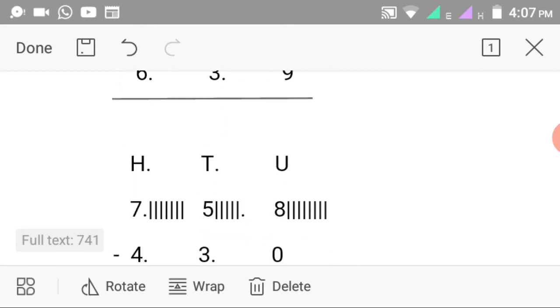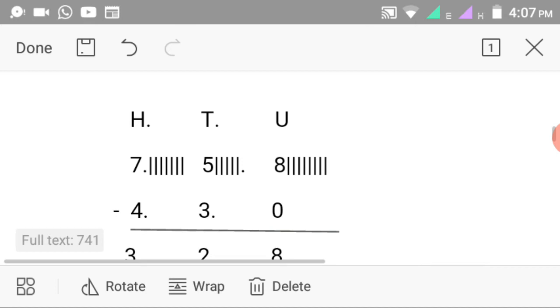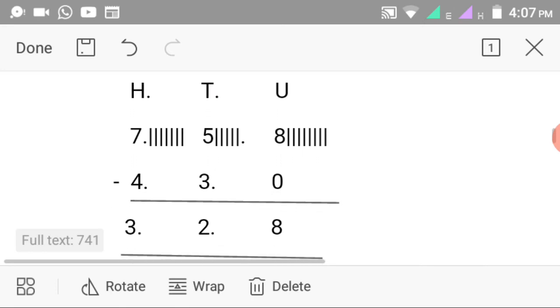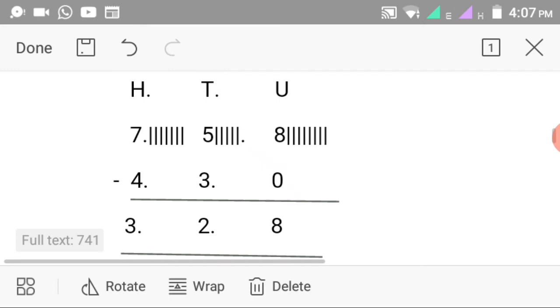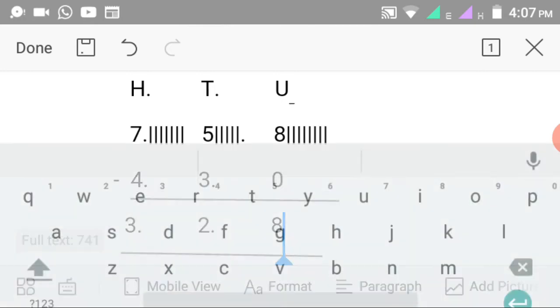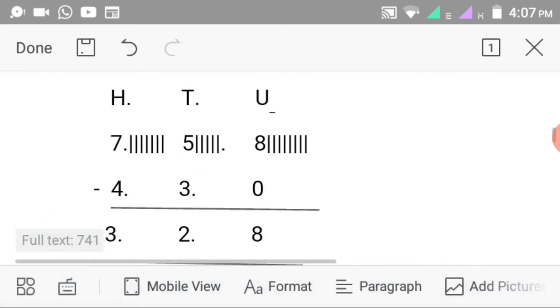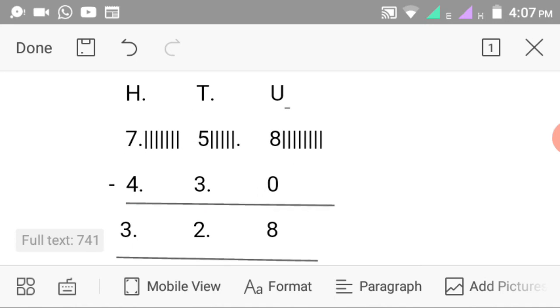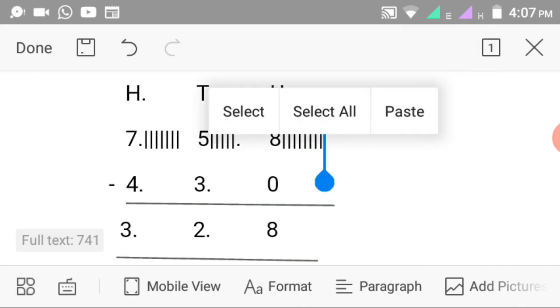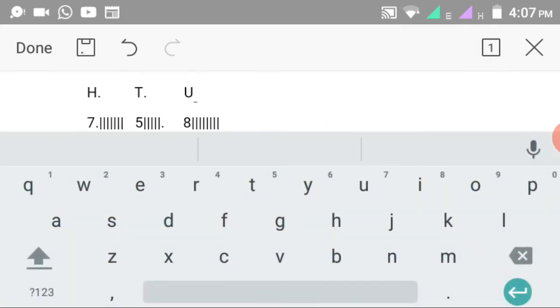Now, I will go to the second example. My H stands for 100, my letter T stands for tens, and my U stands for units. Now, I'm going to count my 8. You remember I said any number plus 0 is equal to that number, because 0 is nothing. 0 cannot move. 0 cannot do anything. 1, 2, 3, 4, 5, 6, 7, 8.